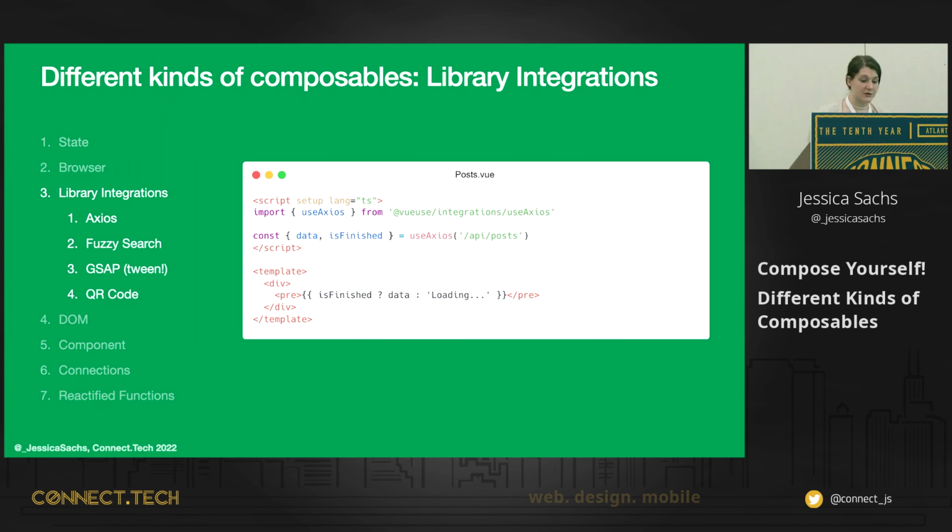So you can do it with Axios, Fuse, GSAP, this thing called QR code. You can Vueify it. There's already a Vue wrapper for it inside of VueUse. Same thing for Immer and XState, which arguably live in the Venn diagram between state and library integrations.